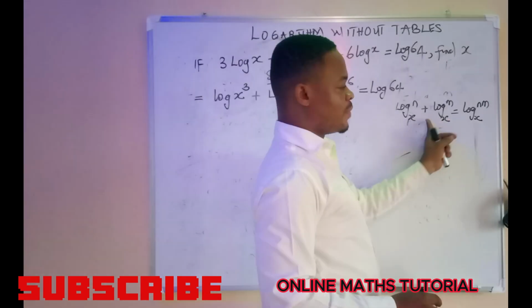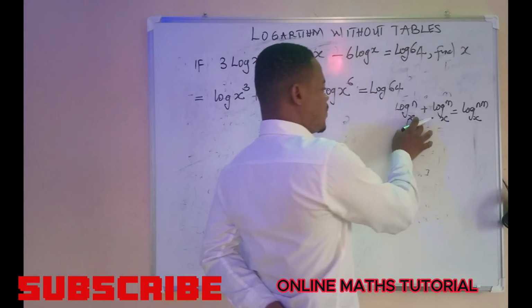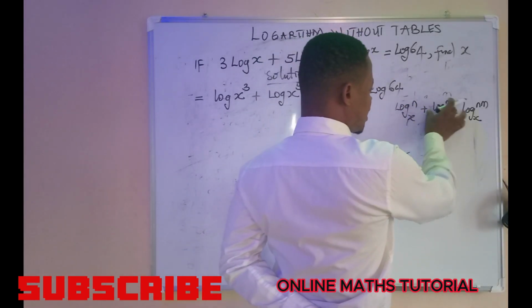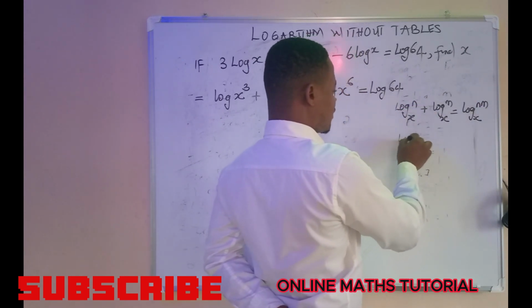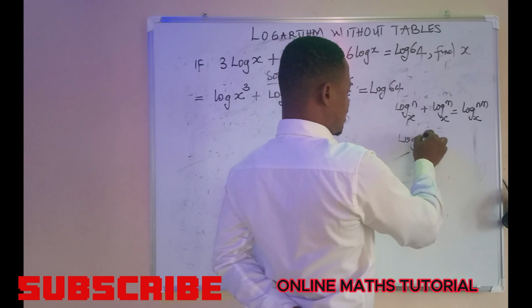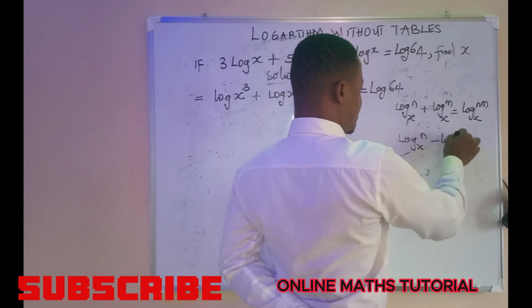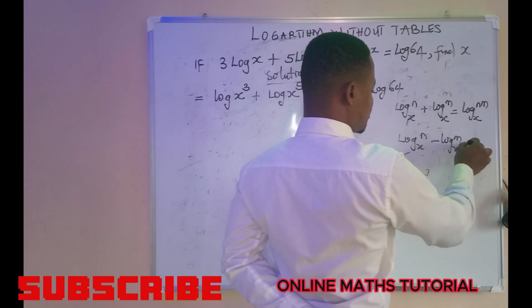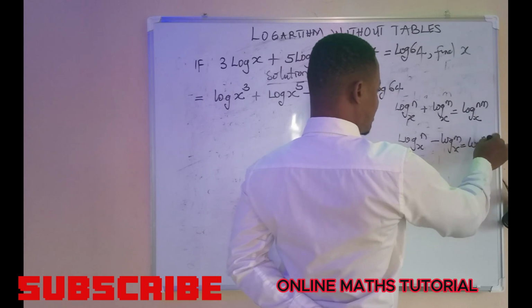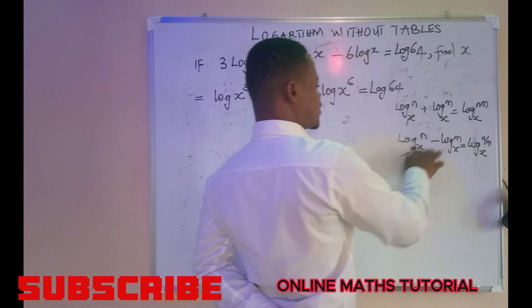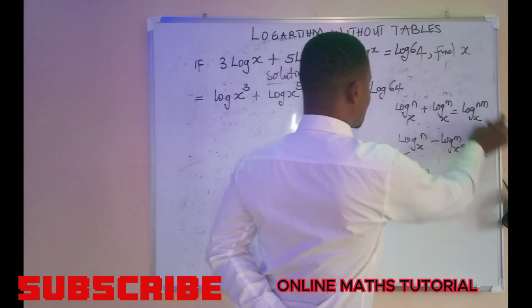If they are not of the same base, we are not going to use this law. And if we have log n base x minus log m base x, your answer is going to be log n over m base x. So if it is subtraction, we divide. If it is addition, we multiply.